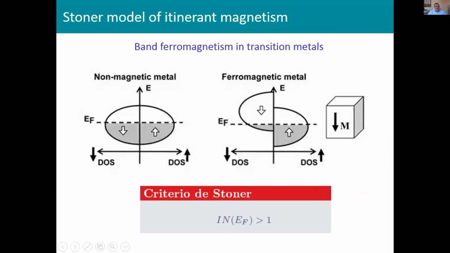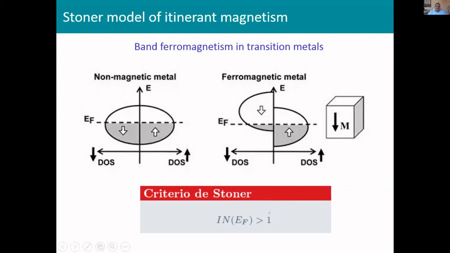In the case of the paramagnetic system, we have the same number of spin up and spin down electrons around the Fermi level. But in the case of the ferromagnetic system, electrons from the spin down, sorry, move to the band in the spin up and produce this spin imbalance. And finally, we have a magnetization, magnetic moment.